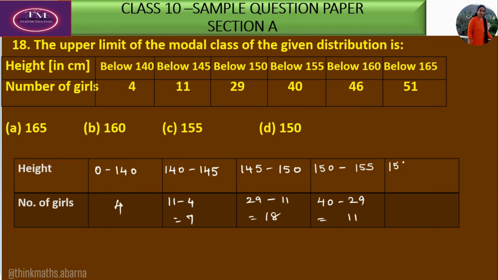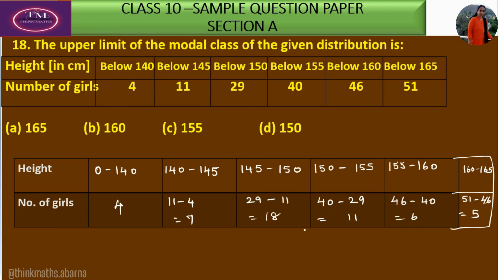Next one is 155 to 160. From 46, we take out 40, which is 6. We need another column. Then we have 160 to 165. From 51, we take out the previous number 46, which is 5.